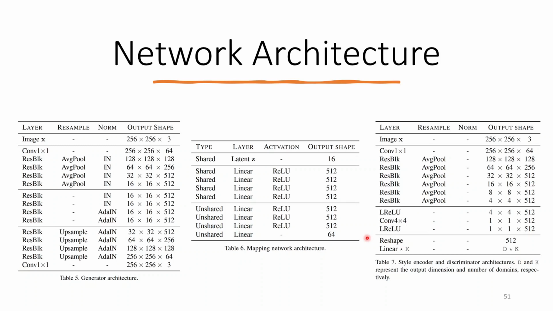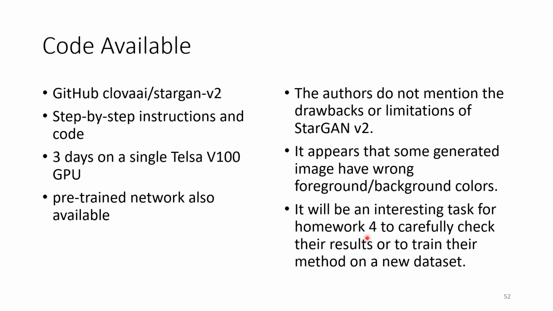All right. Okay. So for StyleGAN V2, its code is also available. And there are very clear instructions to teach users how to train their network. However, it takes 3 days on a single Tesla V100 GPU to train the overall network using the dataset.